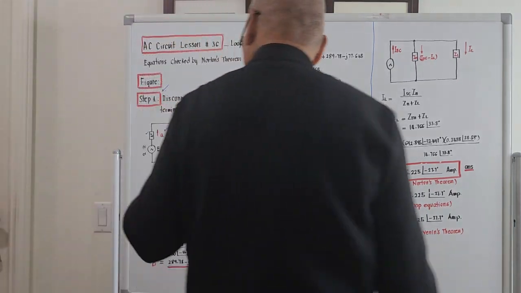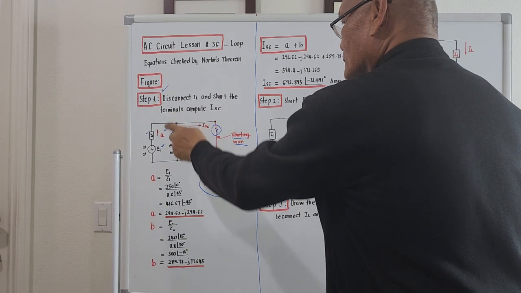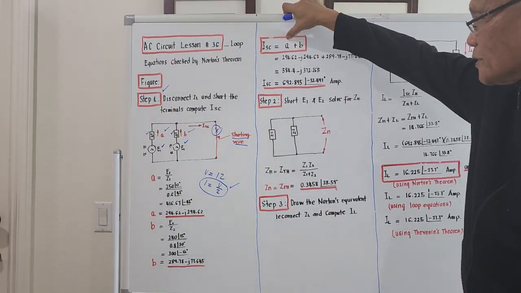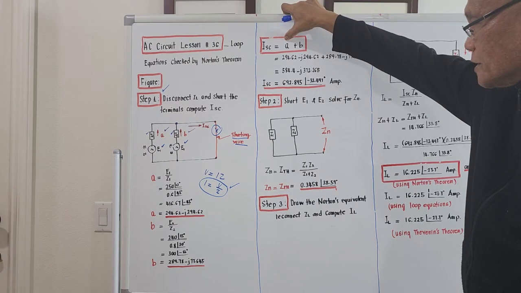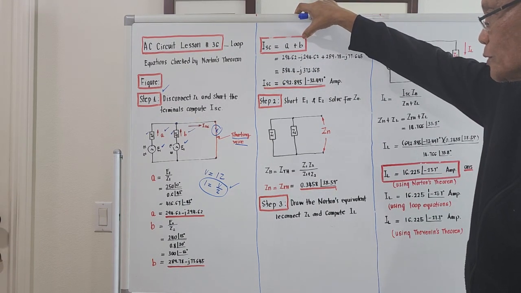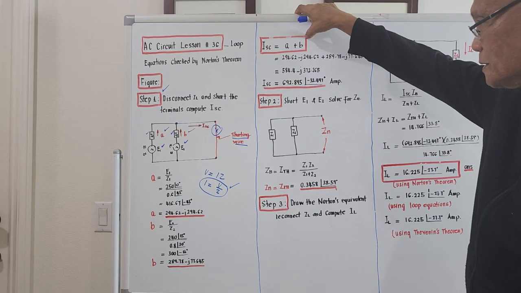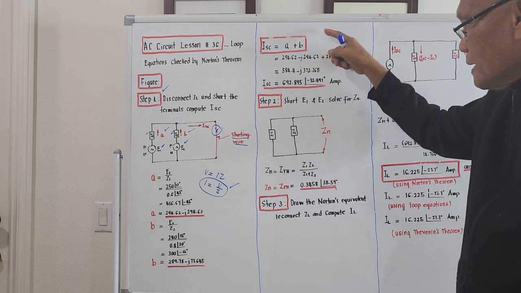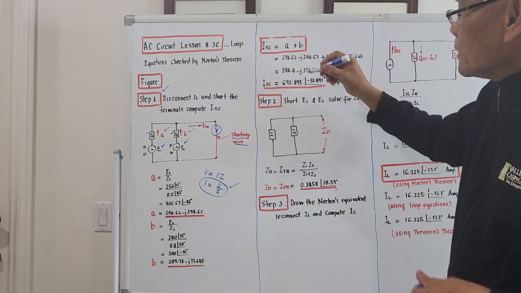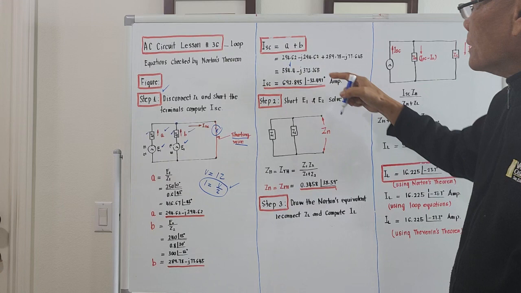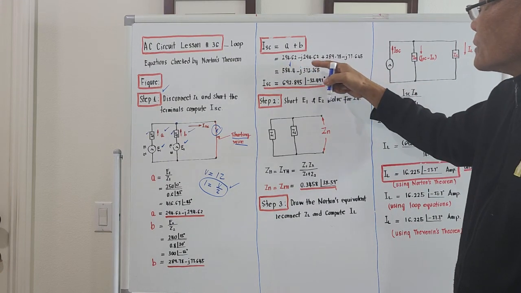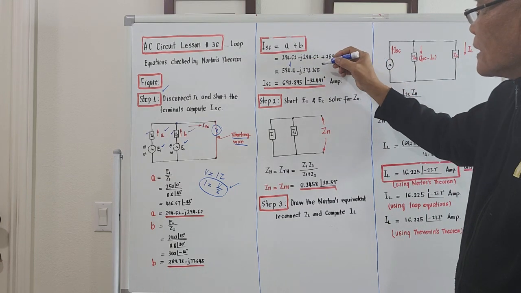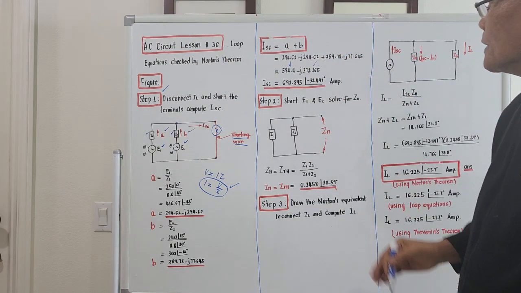From the given figure, considering this junction, the total short circuit current will be the current coming from voltage source number 1, which is A, plus the current coming from voltage source number 2, which is B. In rectangular, we add the real parts. The overall real will be 584.4. The imaginary part is negative j 372.265.